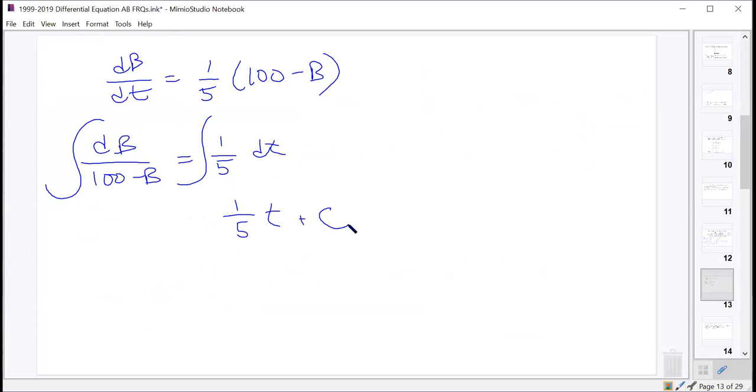And then on the left-hand side, what do we have to do to integrate that? We'll let u equal 100 minus b, which tells us that du is negative dB. So in order to get that du that we need, we put a negative sign in there, which means we need to put a negative sign outside.